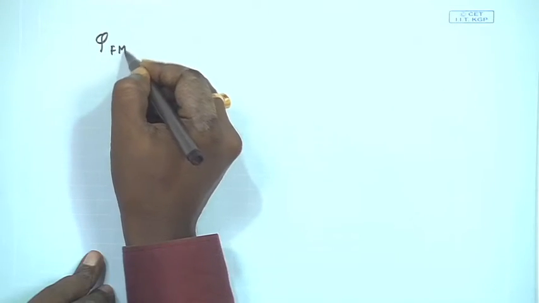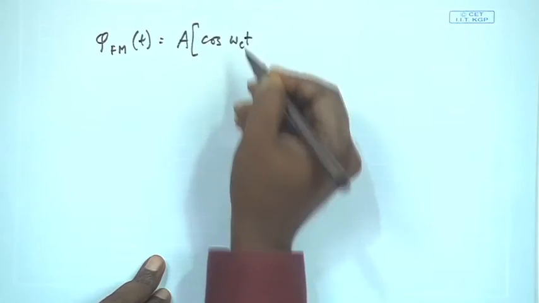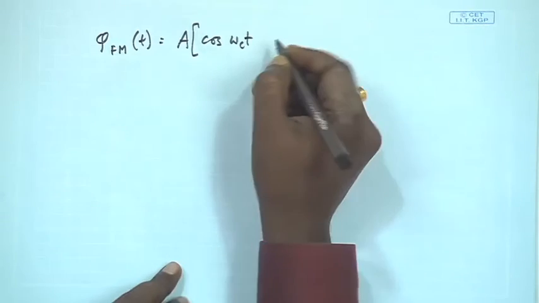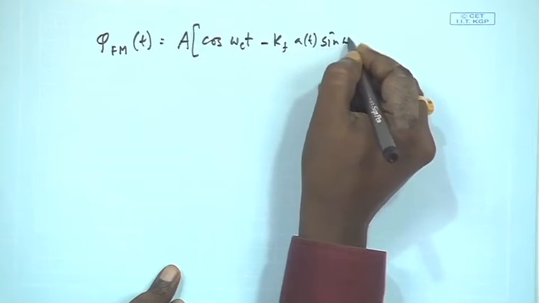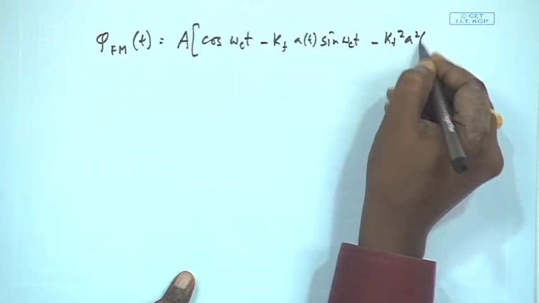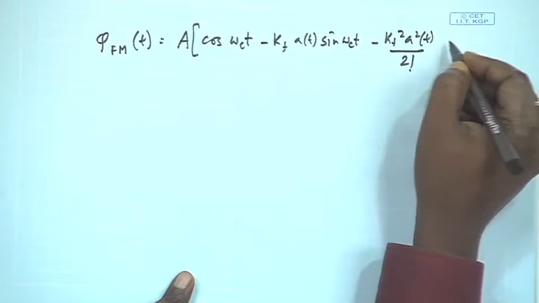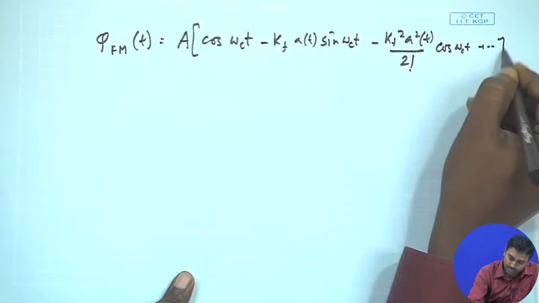You remember we have derived this formula that phi FM(t) was actually A cos omega c t, when we took the real part of this, minus kf a(t) sin omega c t, minus kf square a square(t) divided by factorial 2 cos omega c t, and so on up to infinity.